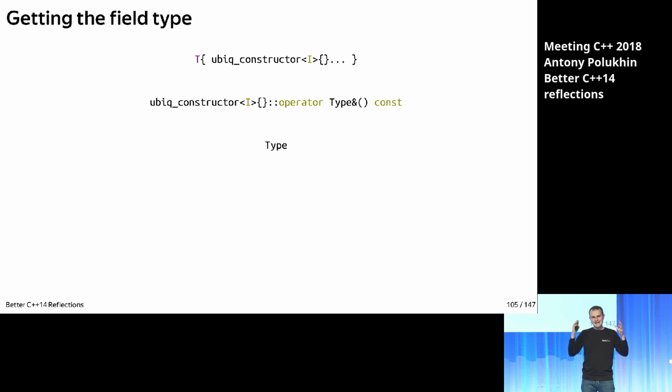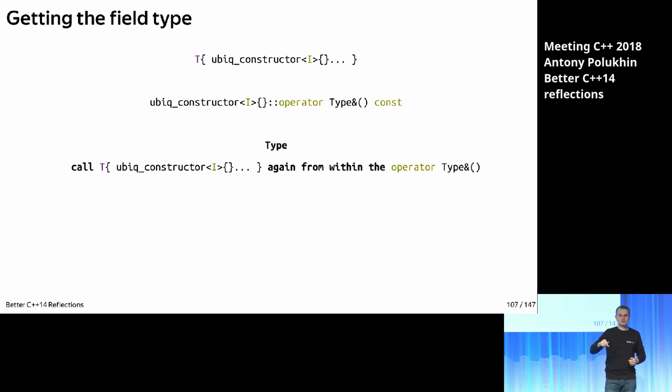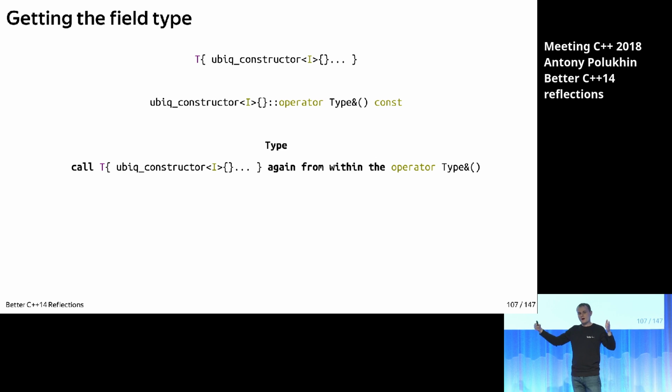But instead of taking that type and pulling it somehow into the outer scope, we can go deeper. We can repeat the procedure and remember the type. So we proceed recursively, and at some point, we get all the field types in a tuple.